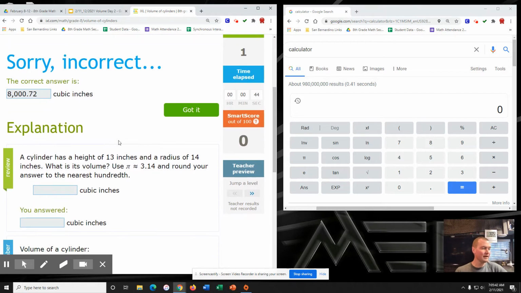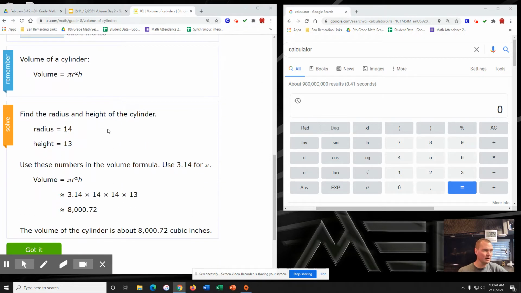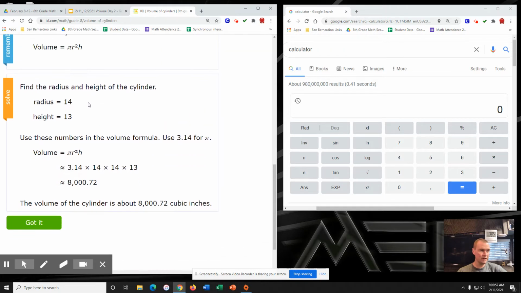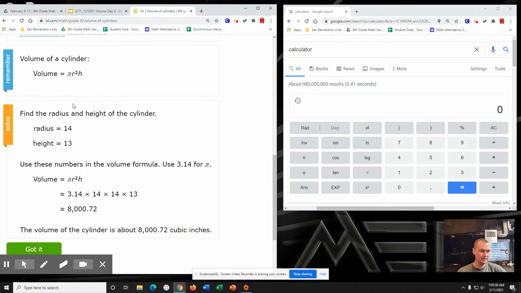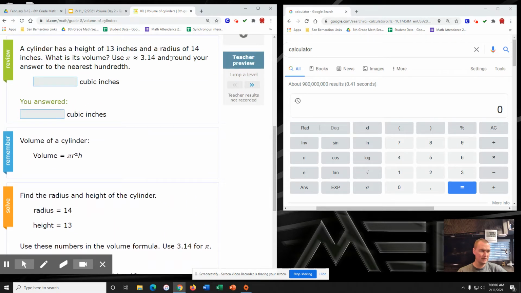Didn't matter, right? Okay, so now when I scroll down, I'm going to look at where it says remember, because remember is going to tell me the formula. So for the volume of a cylinder, I need to know that volume equals pi times radius squared times h. What does all that mean? The radius is given right here: radius equals 14.